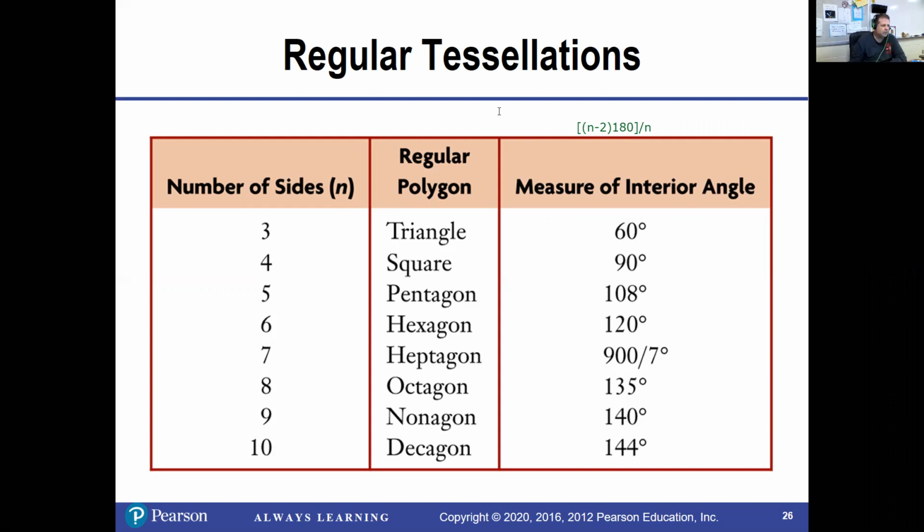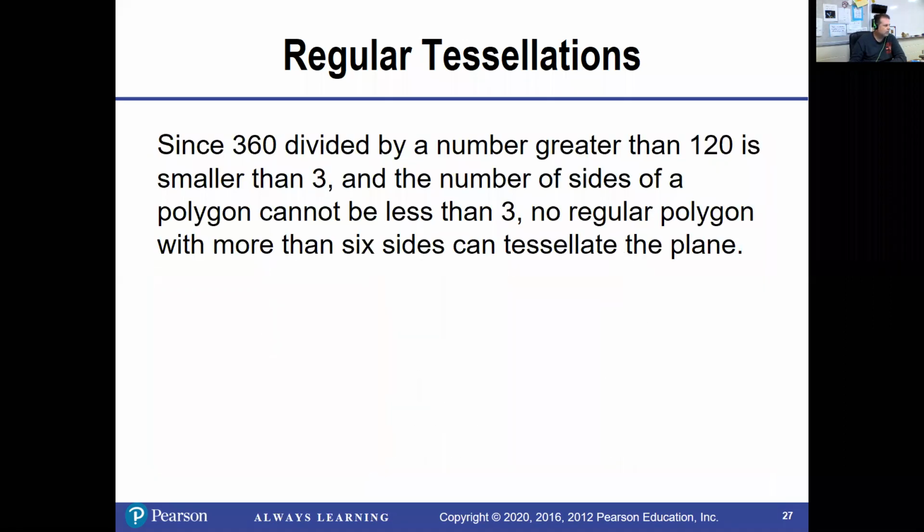So now knowing those, since 360 divided by a number greater than 120 is smaller than 3, the number of sides of a polygon cannot be less than 3. No regular polygon with more than 6 sides can tessellate.